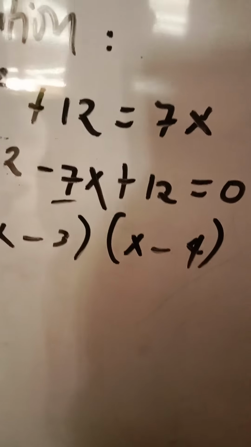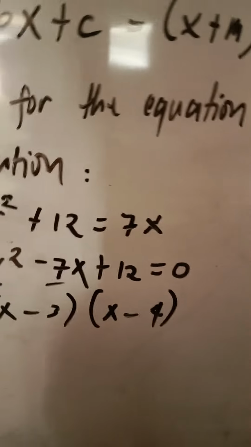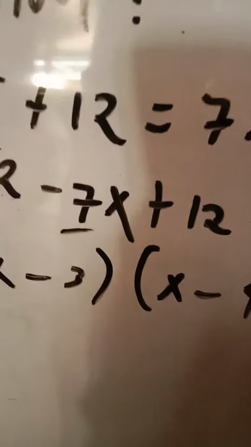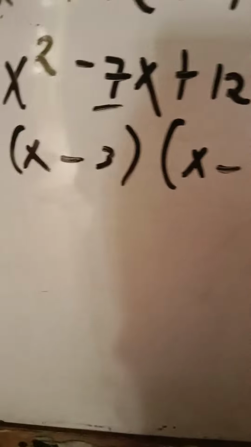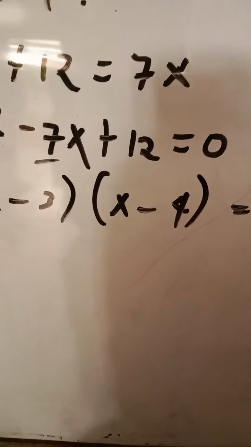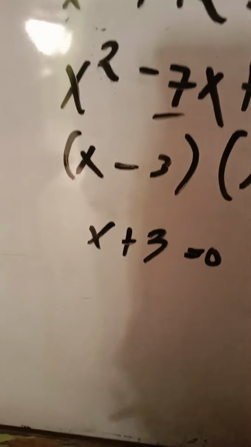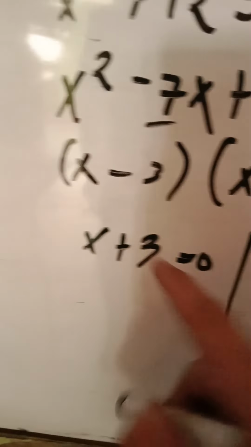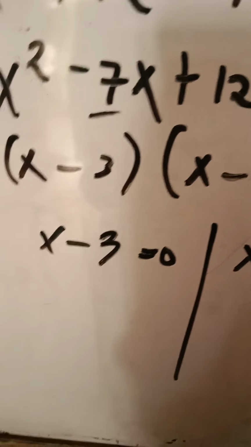x squared minus 7x plus 12 is equal to 0. To find the solution, you apply the zero factor property. So x minus 3 is equal to 0, and x minus 4 is equal to 0.